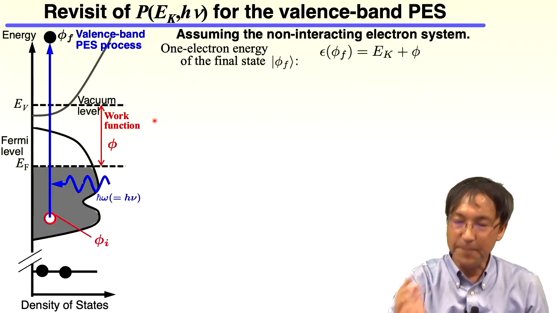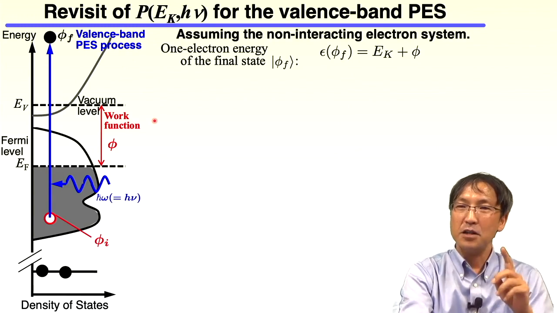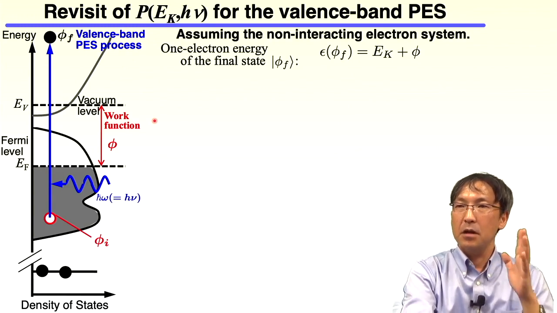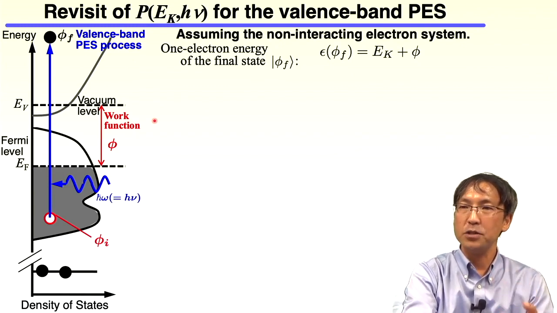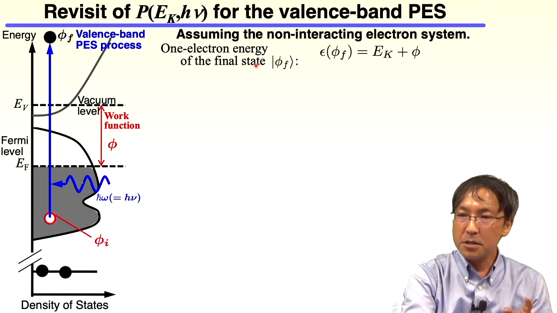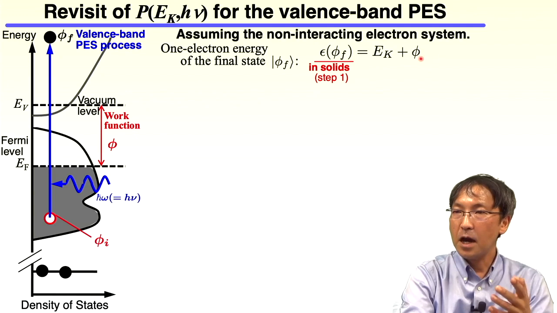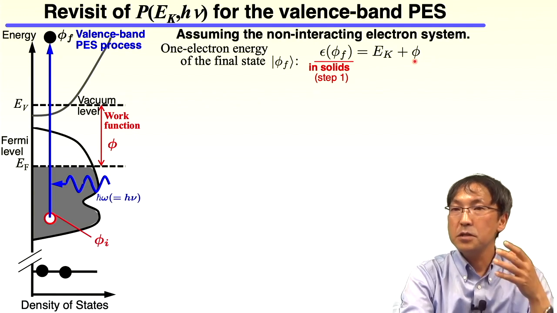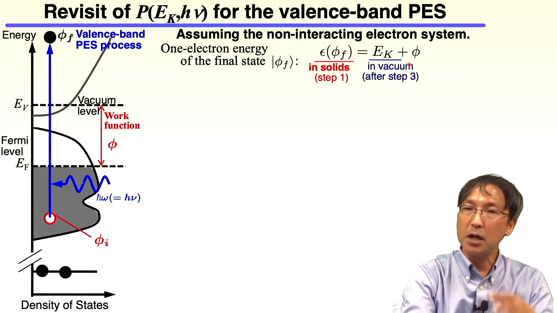Here I revisit photoexcitation, step 1, and explain what we can learn about the probed electronic system, also based on real examples of photoemission spectra. In this formula, Ek and the work function phi are quantities in step 3, the emission into vacuum.